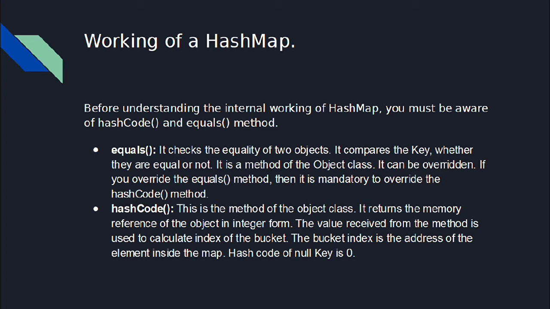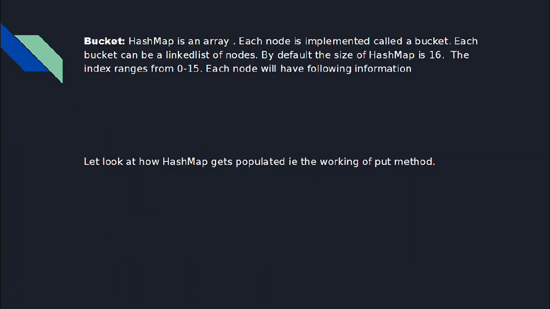The bucket index is the index on which that value is stored. As I told you earlier, our hash map has default capacity of 16 buckets ranging from 0 to 15. So the index calculated using hash code is from 0 to 15 initially, unless the capacity increases. And if we are passing null value, the index is calculated to be 0.